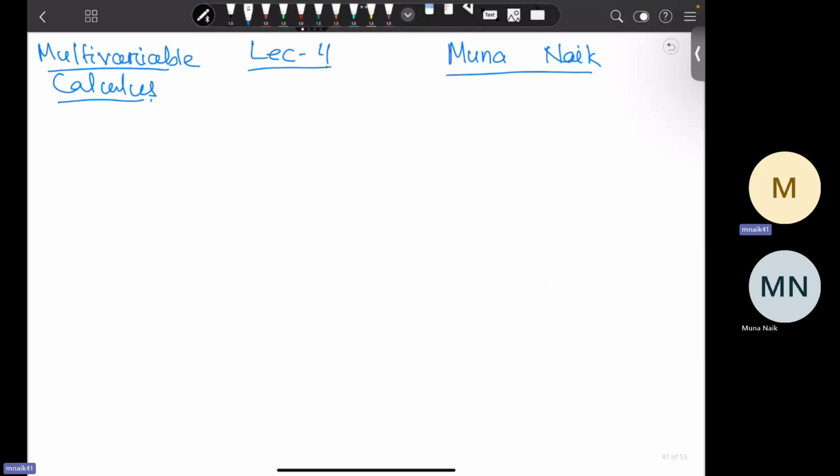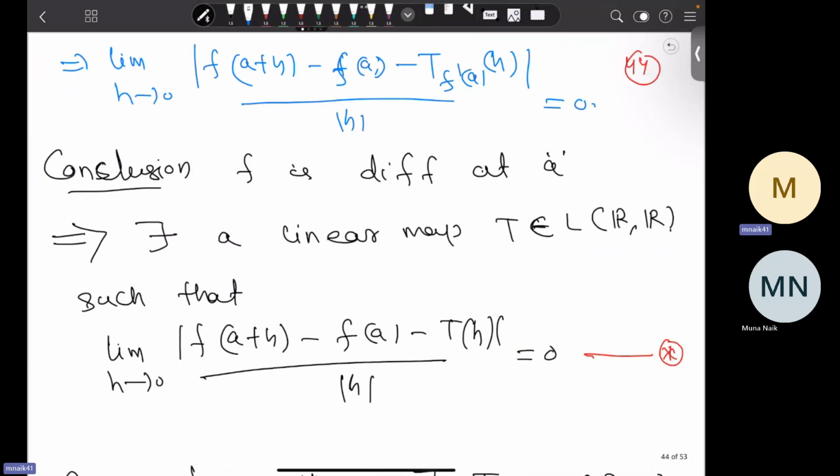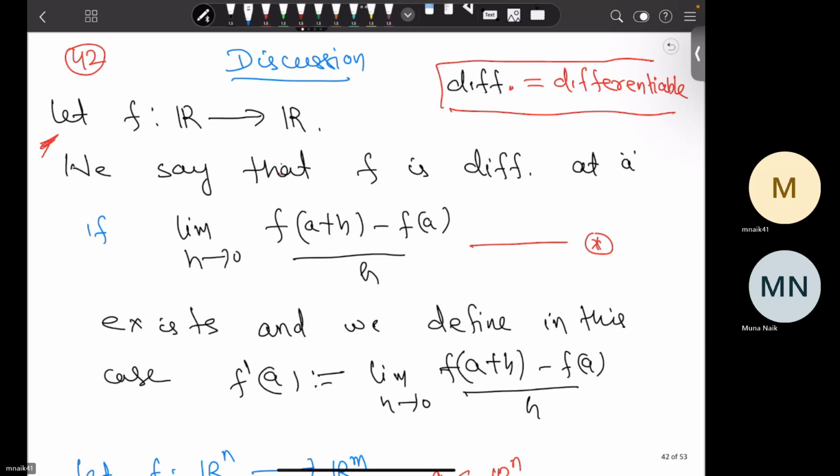So we say that there is a natural obstruction because if you look at this definition for a function from R to R, the thing is, we are dividing by an element h, but in higher dimensions we don't have any meaning of division by a vector.